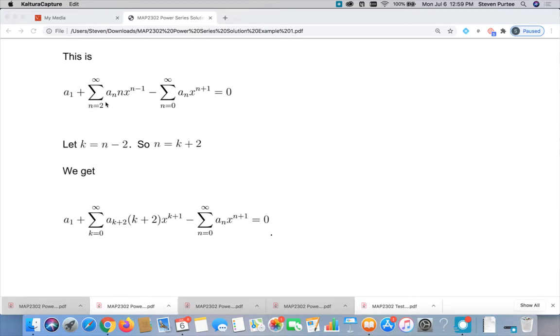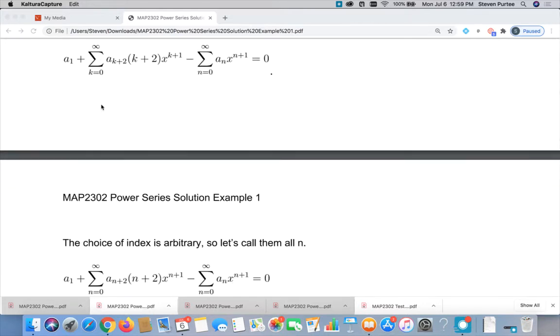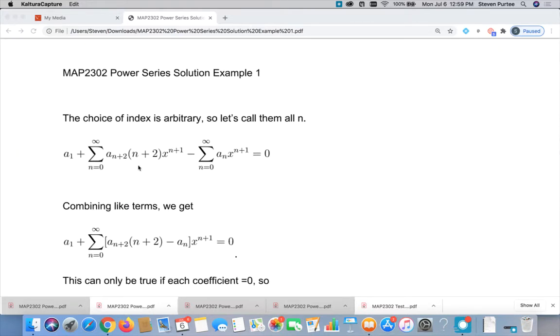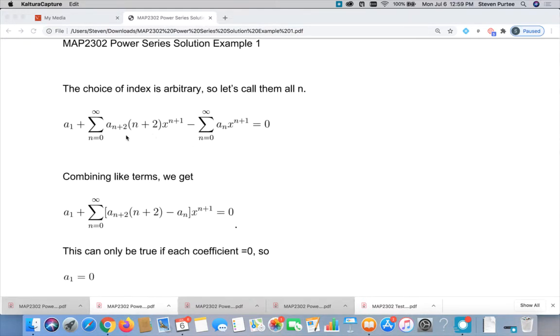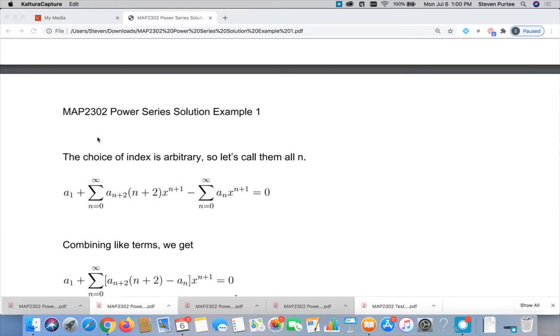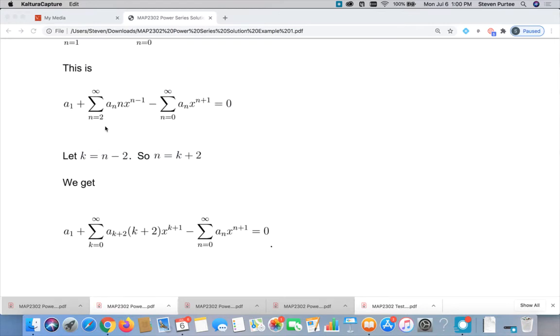Raise all these up by 2, bring this down by 2. So that would get us here. Write this down, check those details on yourself. Write out a few of the terms here, starting at 0, and prove to yourself that you get the same thing you did with these terms starting at 2.